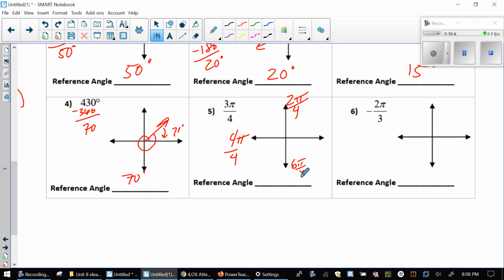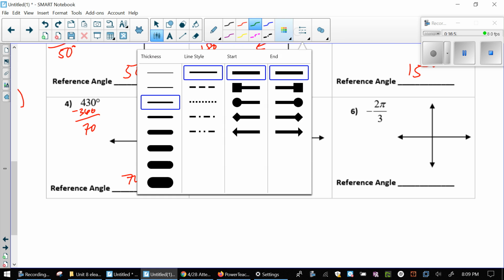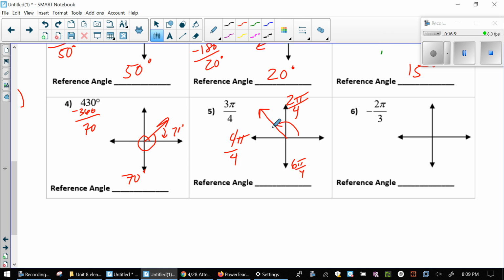So if you think about where that angle is, 3 pi over 4 is going to be right in the middle between 2 pi over 4 and 4 pi over 4. So to get here, there's 3 pi over 4. To get down to my x-axis, I need one more pi over 4. Or again, if you like to do this idea, 4 pi over 4 minus 3 pi over 4 equals 1 pi over 4. Okay?